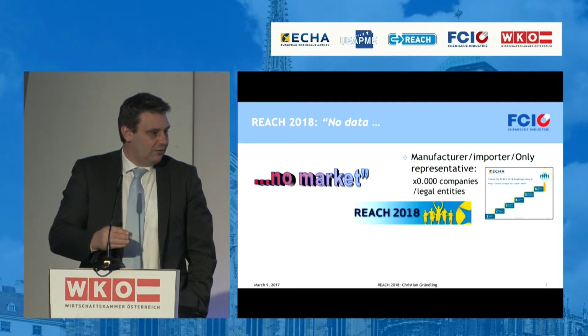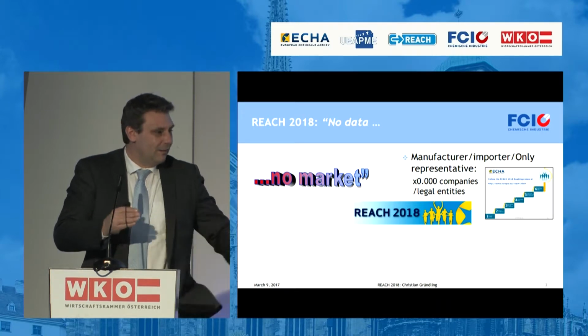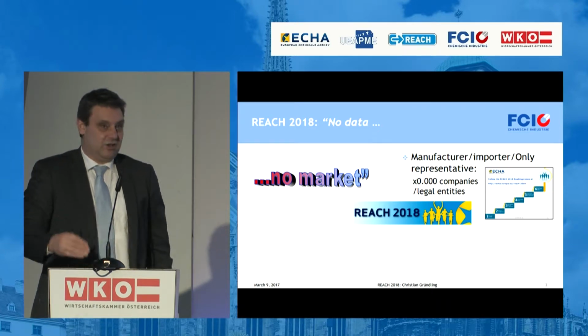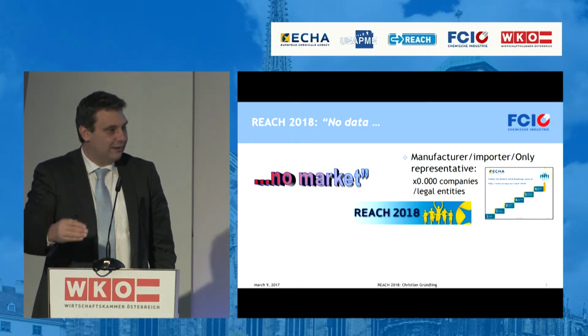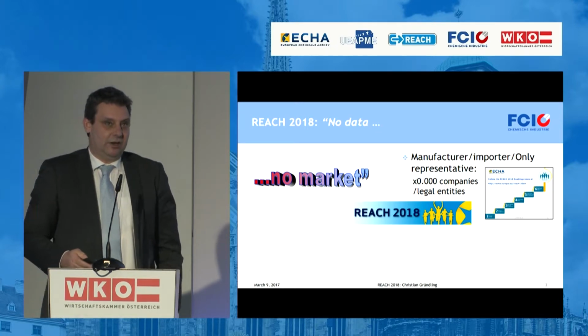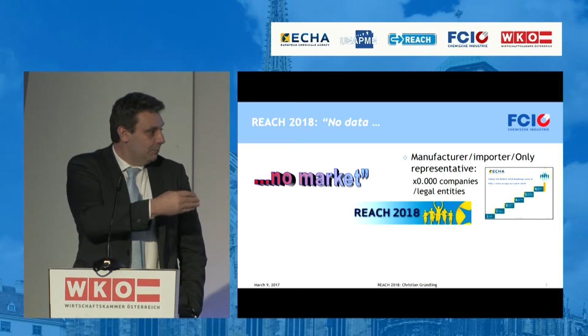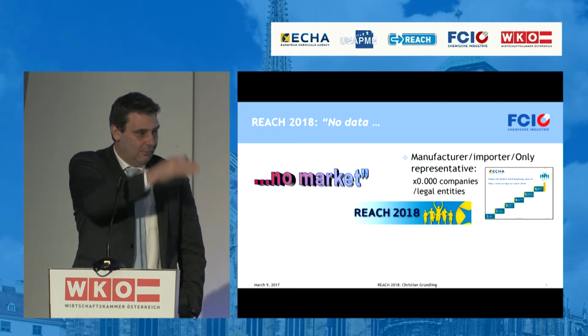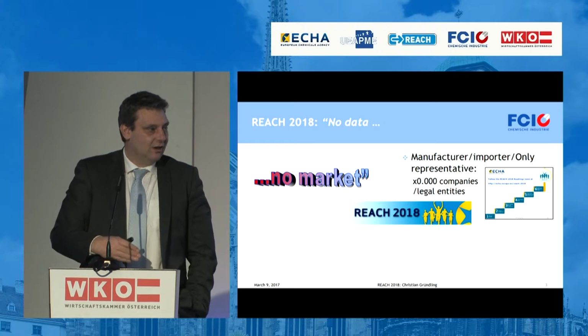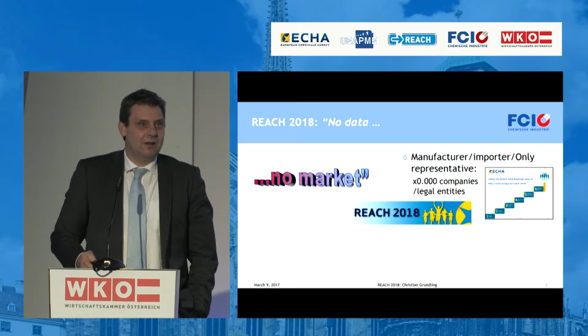If we look at the registrations, there might be some 10,000, 15,000 companies going to register, going to be affected by the real registration obligations under REACH. And the steps, we heard that in principle already. We will go into more detail about the registration this afternoon and tomorrow.